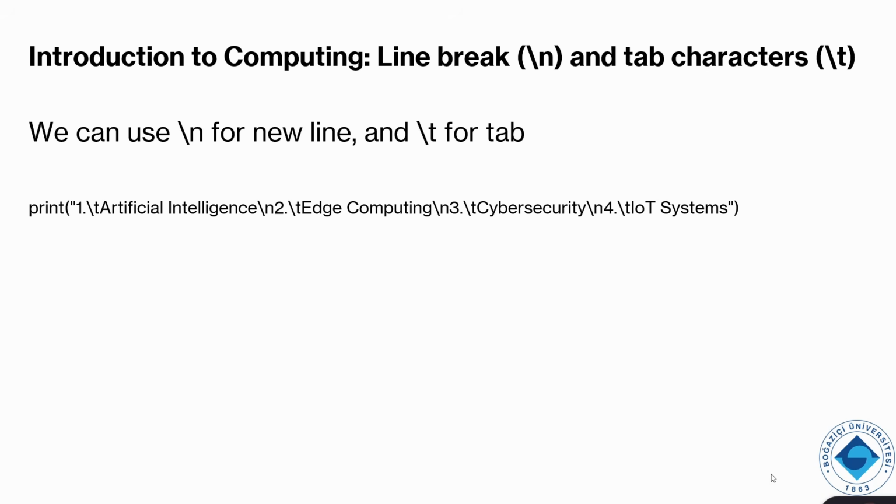Also in strings, we have line break, which is slash n, and tab character, slash t. We can use slash n for new line and slash t for tab, right?